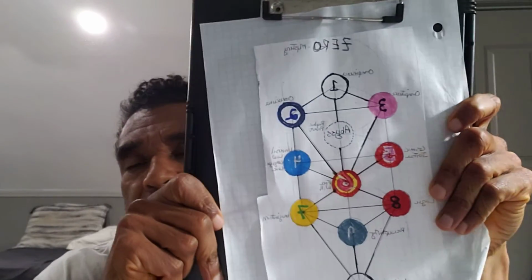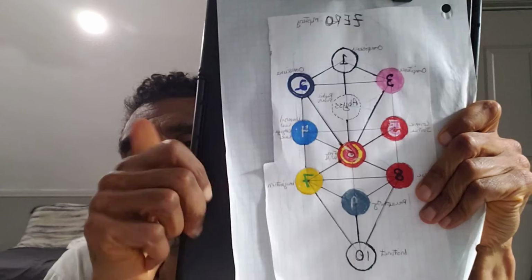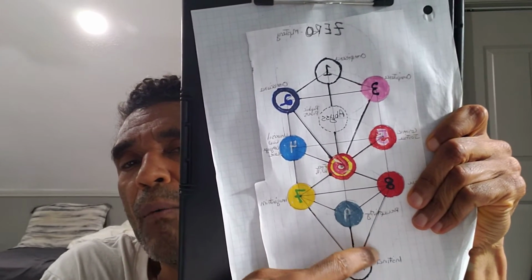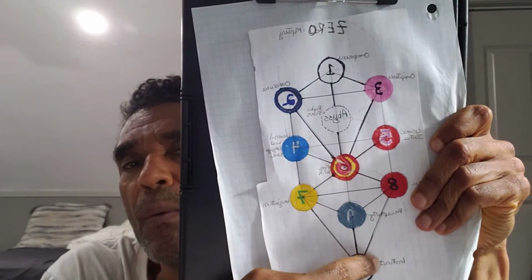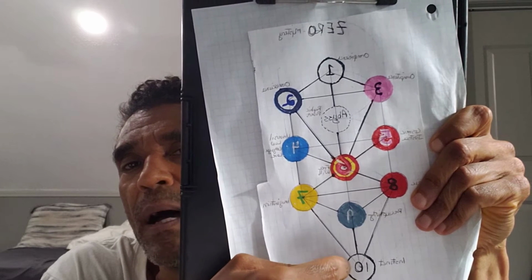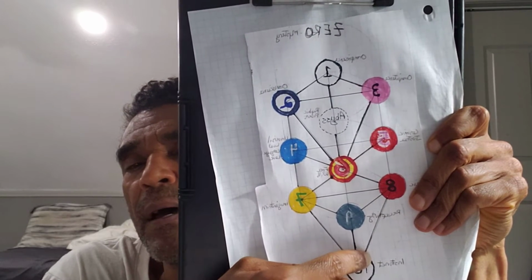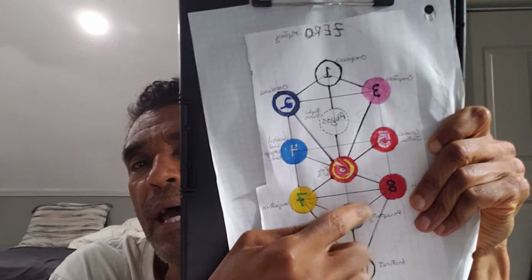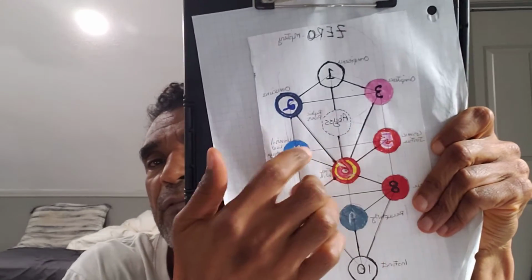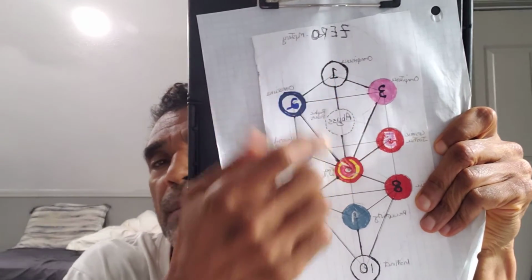As you can see, the tree here has 10 different circles, or what are called spheres, sephiroth in the Hebrew. And they're numbered 10, 9, 8, 7, 6, 5, 4, 3, 2, and 1.